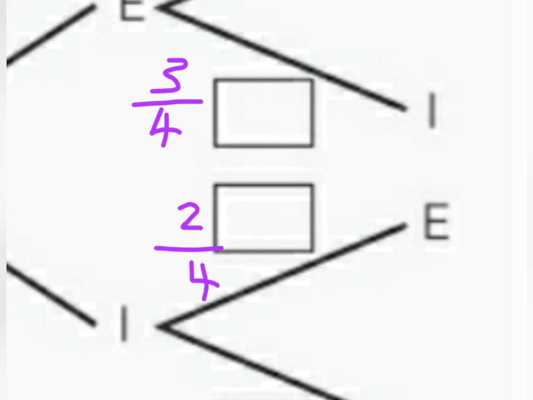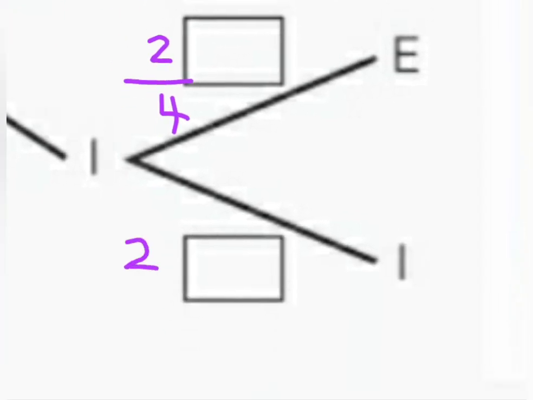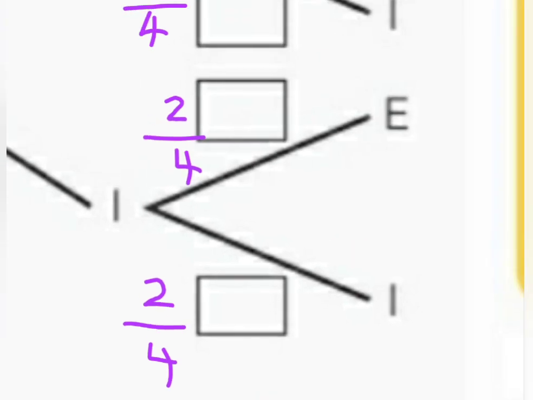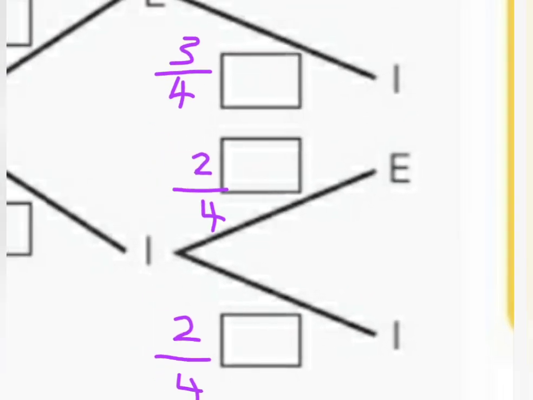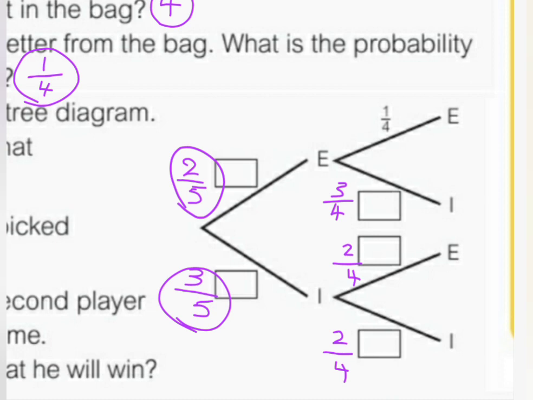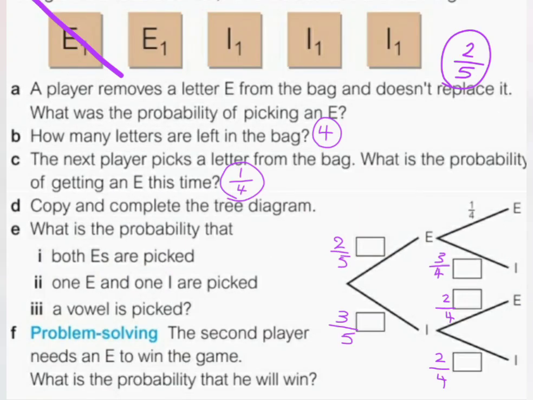Good. And the I is the same, 2 out of 4. Because we will have two E's and two I's. And the probability of picking them will be 2 out of 4. Very good. Now, like this, we completed the diagram. Now, after completing the diagram, let's answer some questions about the tree diagram and these two events.